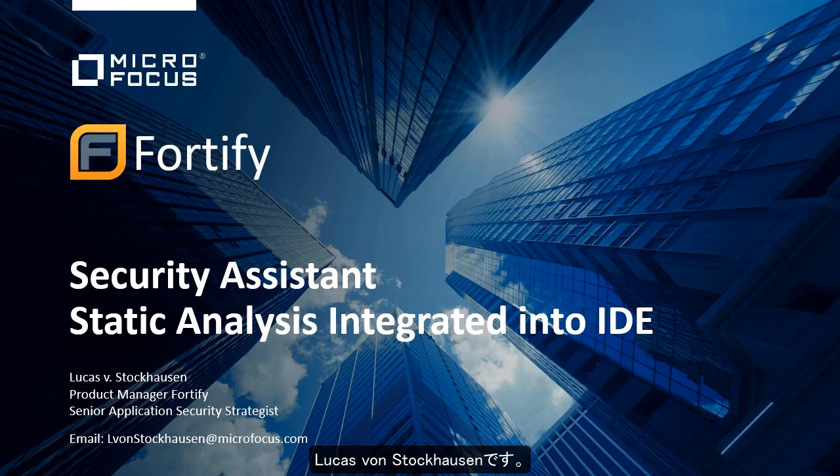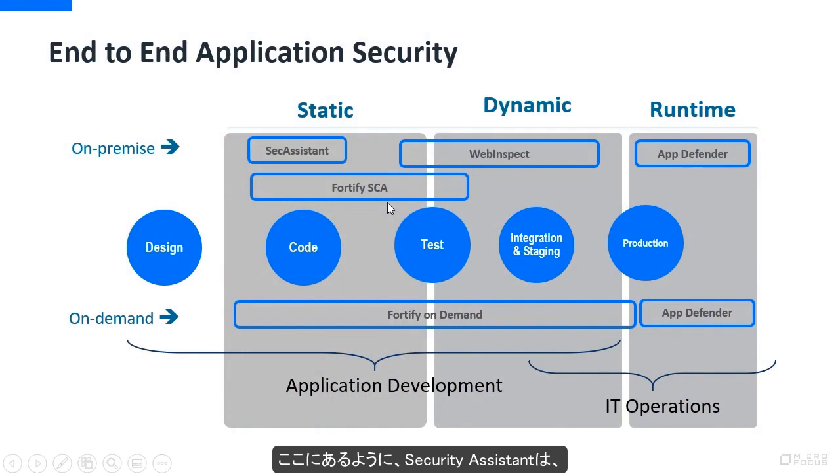Today, I would like to talk to you about our Security Assistant, which is our static analysis integrated into the IDE. Security Assistant, as you can see in this picture, is our earliest possibility to help developers find weaknesses in the source code of an application.